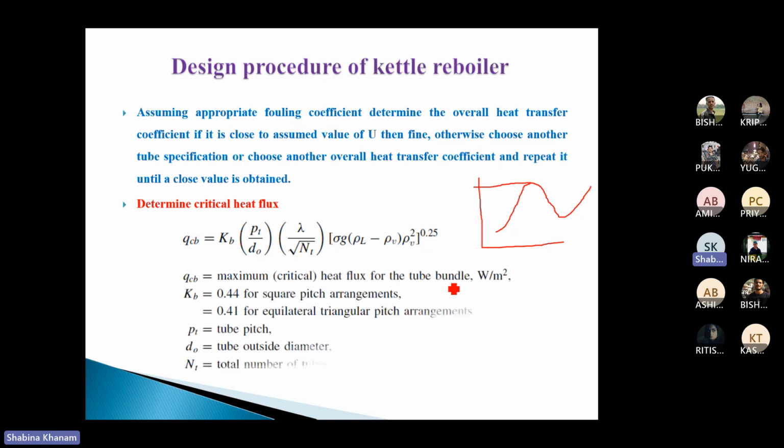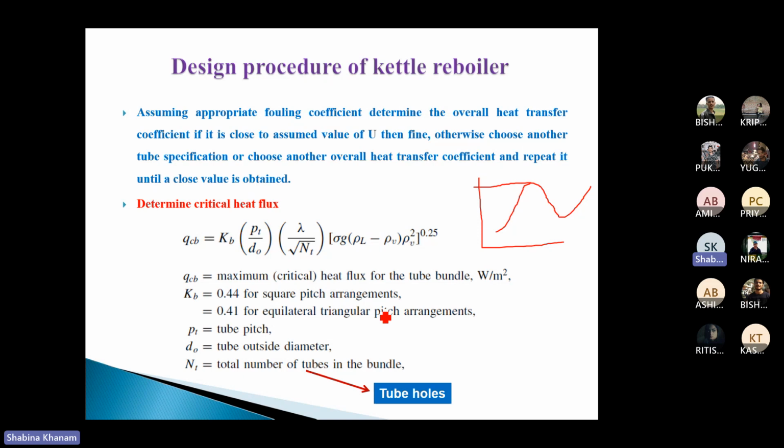It is given by this expression. All parameters you can see, it's not very complicated. The only thing you need to keep in mind is this NT. NT is the total number of holes. If you are considering U tubes, NT should be twice the number of tubes. So the total number of holes is NT, not the total number of tubes.